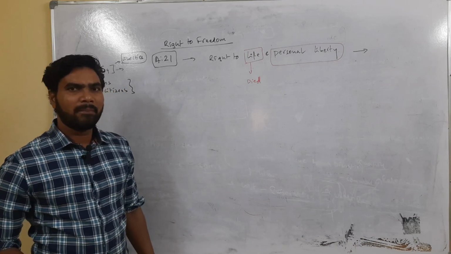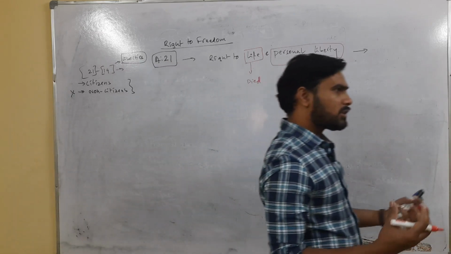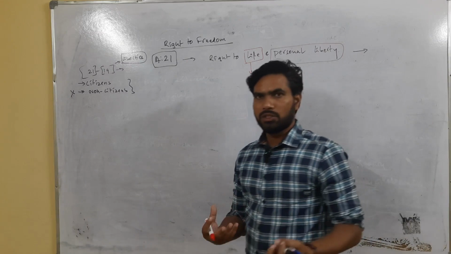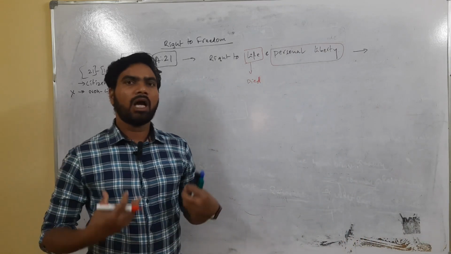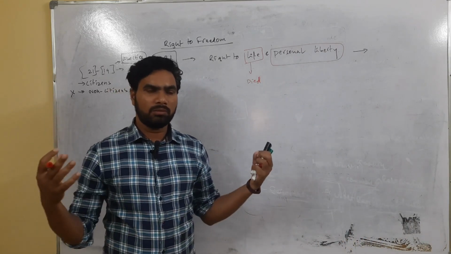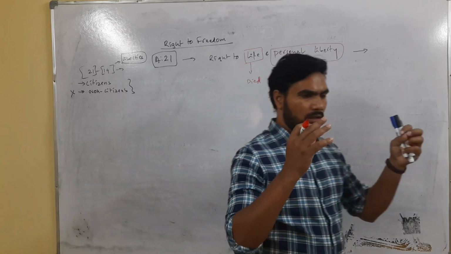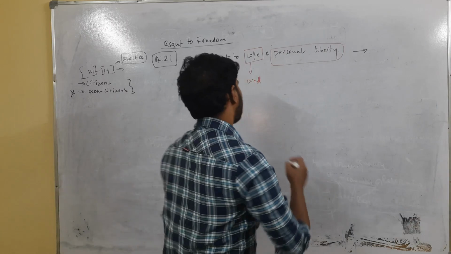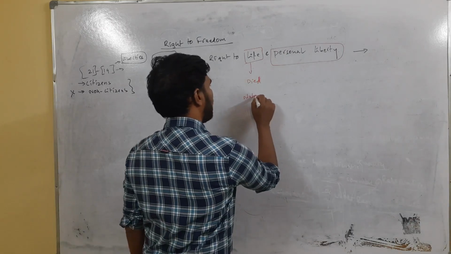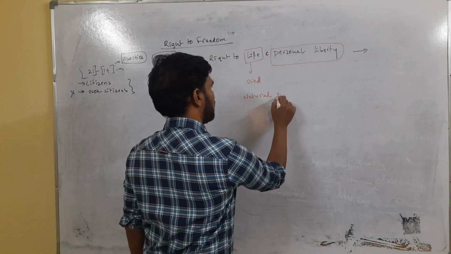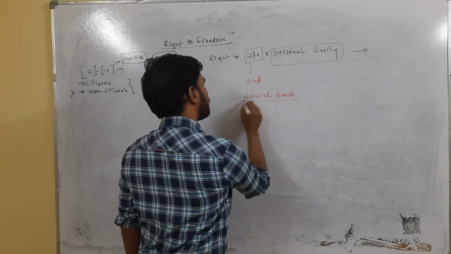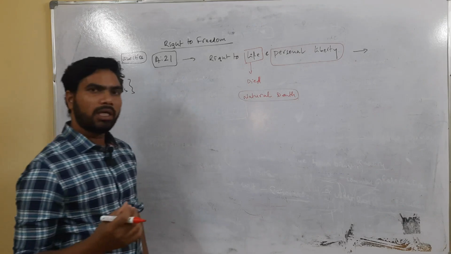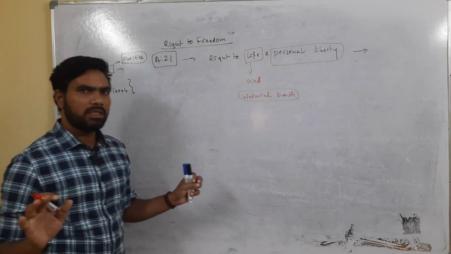Of course, our right to life ensures that we have the right to live and continue our life until natural death occurs. So the government is not allowed to take away our life.